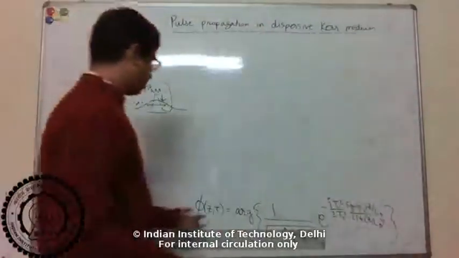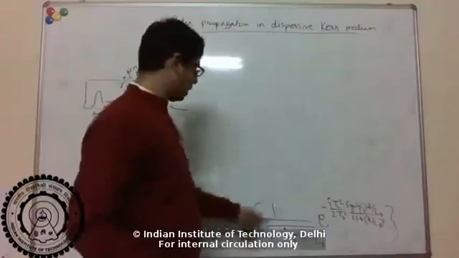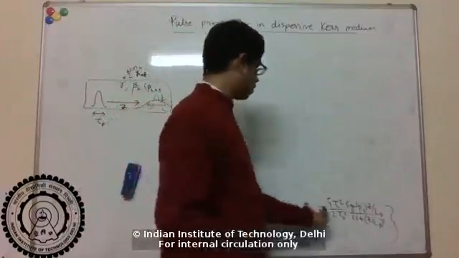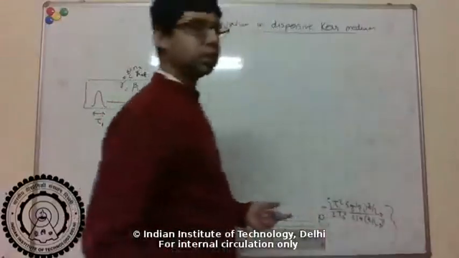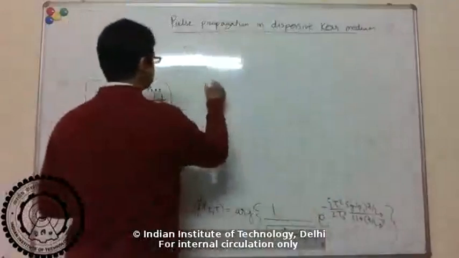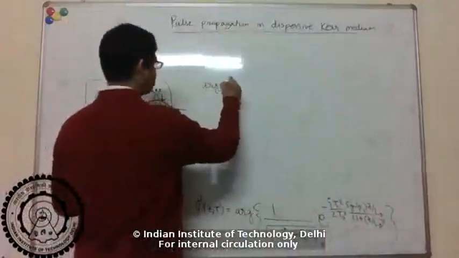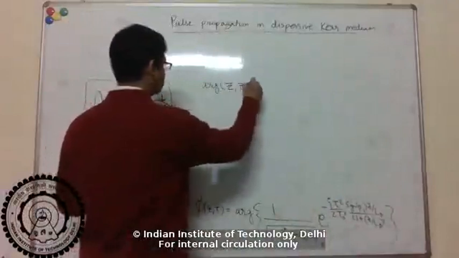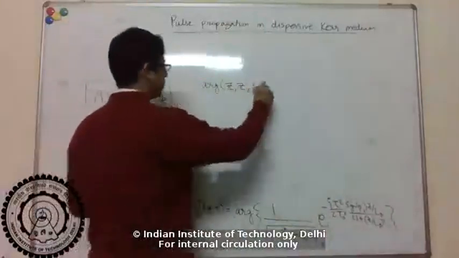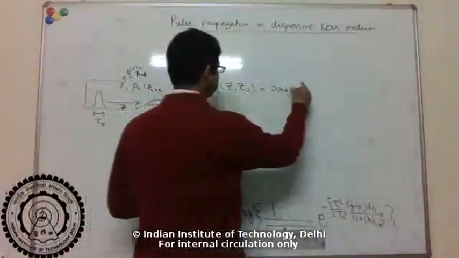We want to find the phase, which is the angle in the complex plane of the product of two complex numbers. If you have two complex numbers Z1, Z2, the angle is basically the sum.